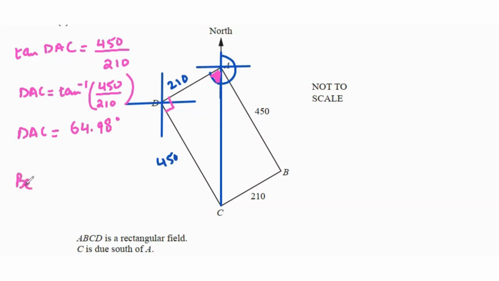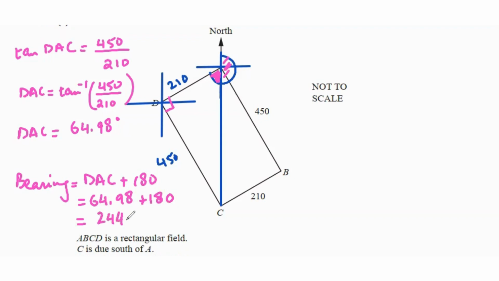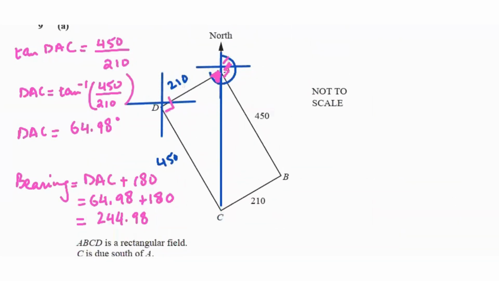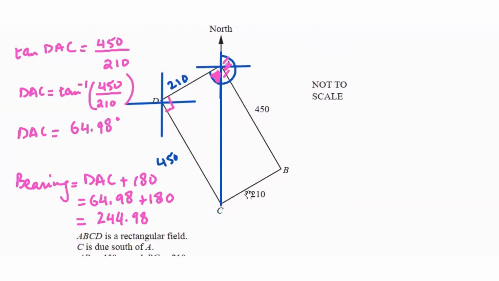So your bearing is going to be the sum of 64.98 degrees, which is DAC, and 180, which is all of this. So 64.98 plus 180 is basically equal to 244.98. They want to show that correct to 3 significant figures, so that is going to be 245 degrees. That is your bearing.